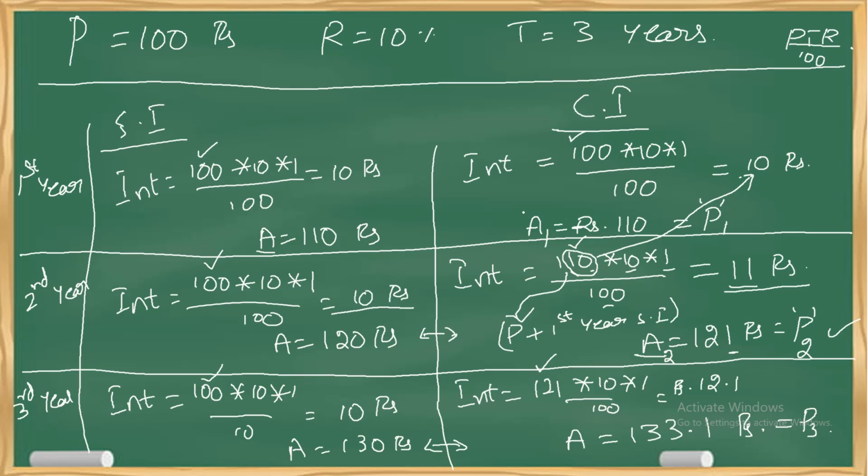What is 110 called? A1, that is the first year's amount, the previous year's amount. So here I can write one thing, A2 is equal to A1 plus interest of A1. So the next step will become A3 is equal to A2 plus interest of A2.